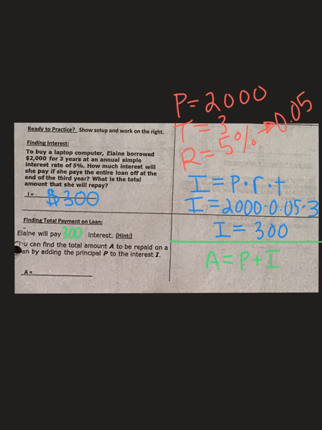We know our principal from the beginning was 2,000. And then we're adding our $300 of interest. So the total amount she will have to pay is $2,300. So we can fill that in over here, and we're done.